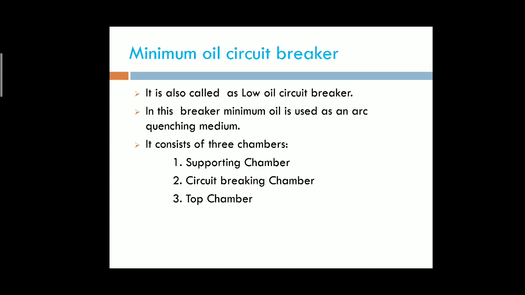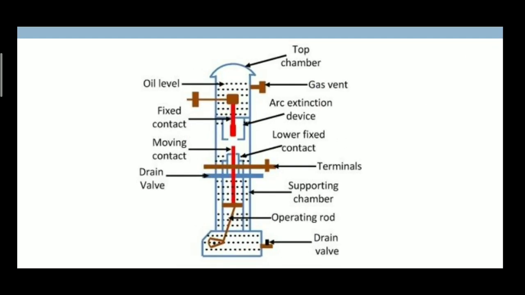It consists of 3 chambers: the first one is the supporting chamber, the next one is the circuit breaking chamber, and the third one is the top chamber. These are the 3 chambers in the low and minimum oil circuit breaker.